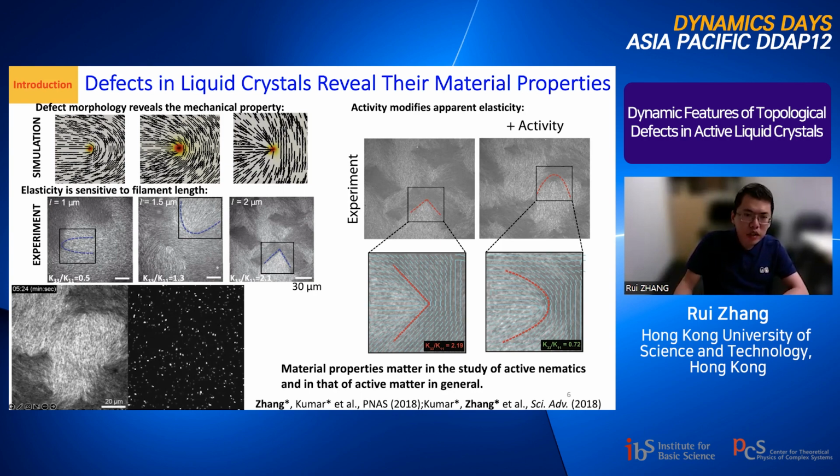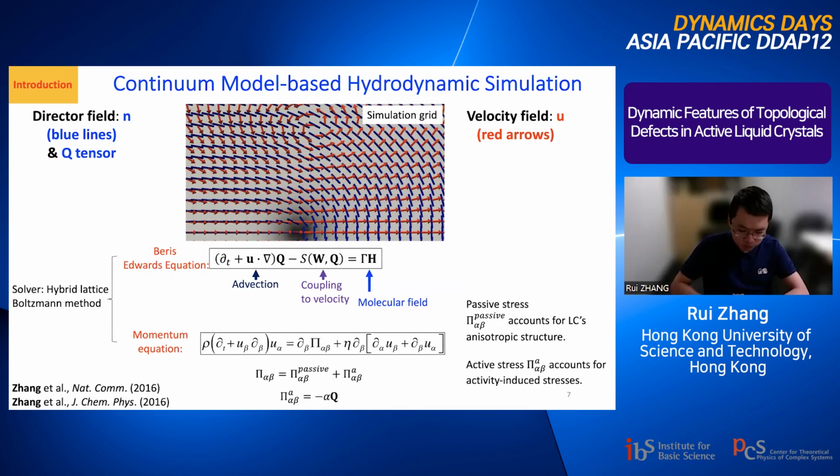But the nice thing about the liquid crystal is that you can just inspect either the shape or the statistics of your topological defects, and you can also extract useful mechanical properties. In this case, the ratio of the bend constant and the splay constant. So this is a very convenient way to infer the mechanical properties of an elastic system.